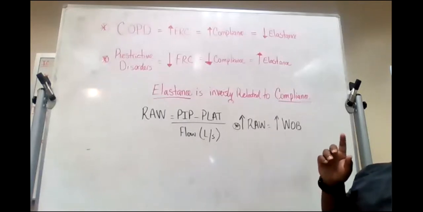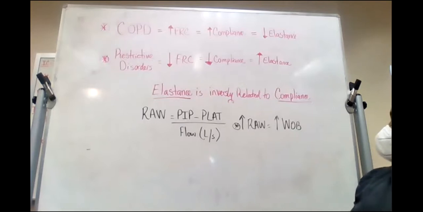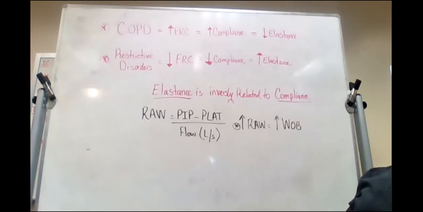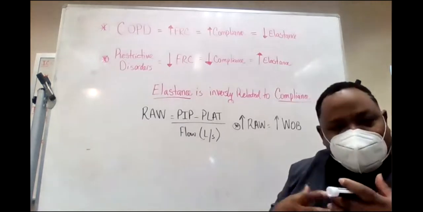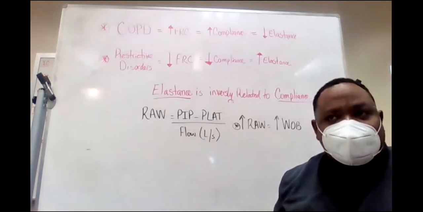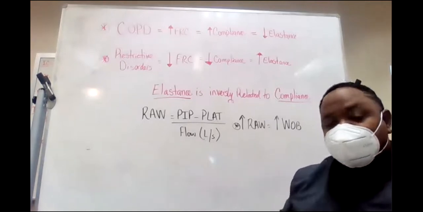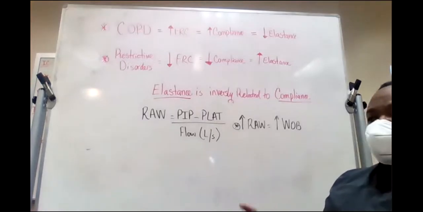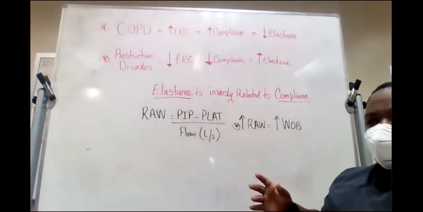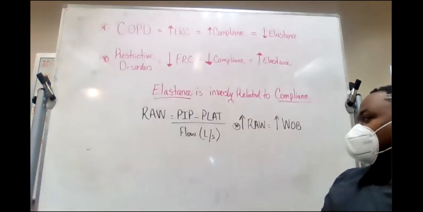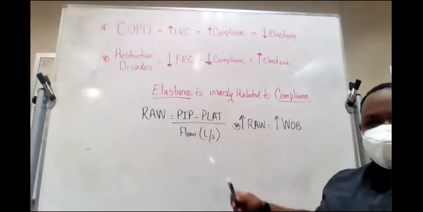An increase in resistance equals an increase in work of breathing. If I got more resistance in my airway, it's going to be harder for me to get that flow. It's going to be harder for me to breathe, the higher the resistance is. And you're going to find out about old Poisson coming up, what he says about resistance.